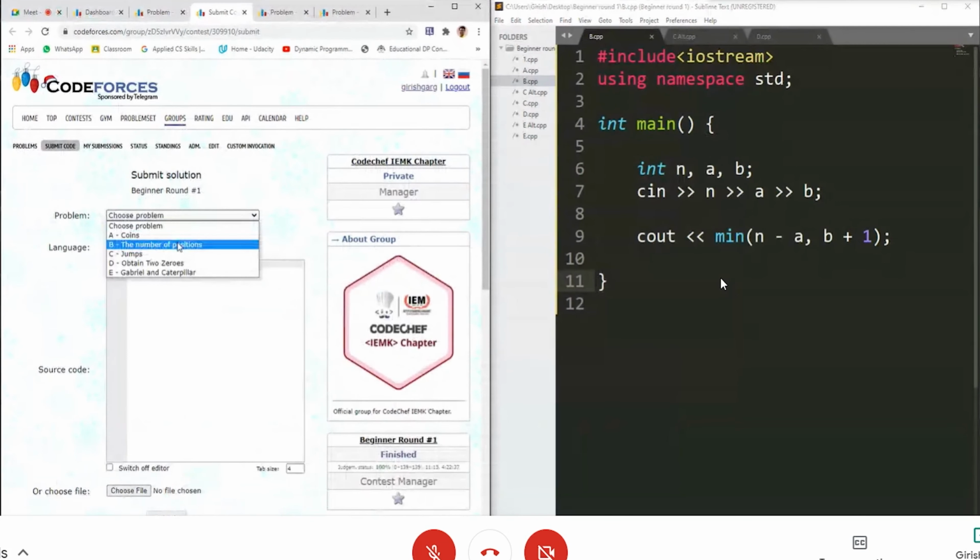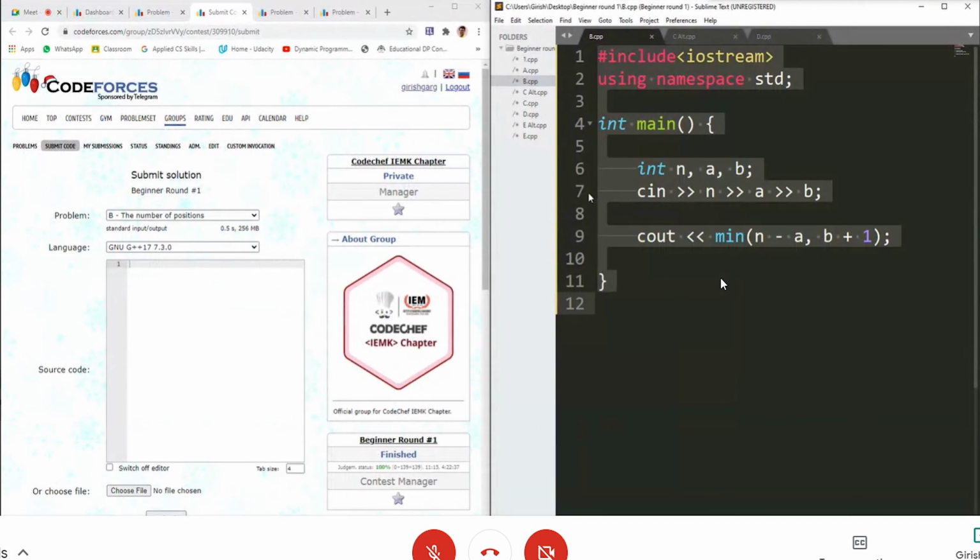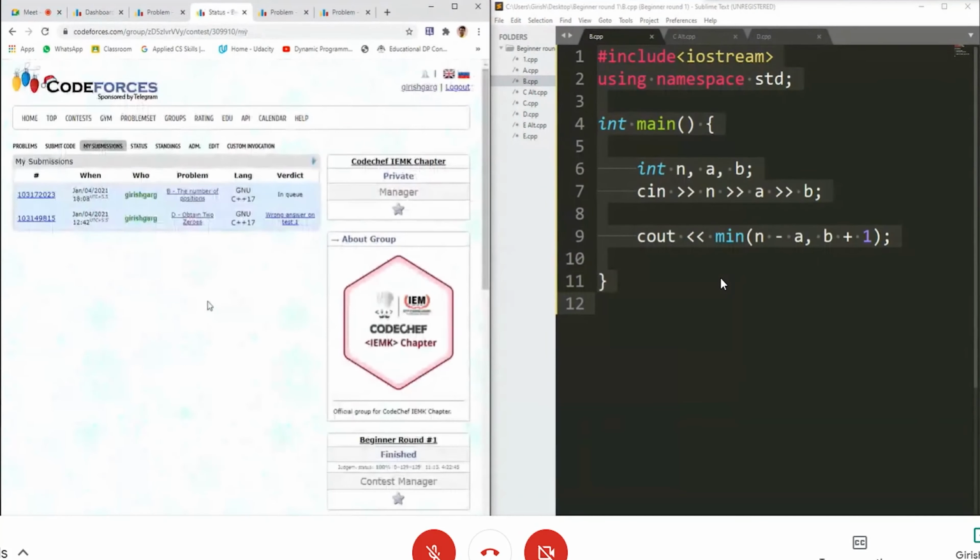This is problem B. Copy my code and paste it here. Let me reload. Okay, so it's giving me perfect.